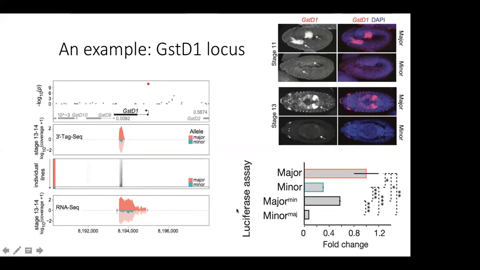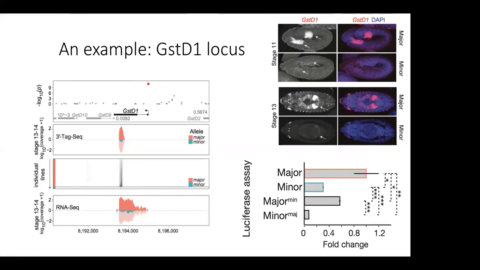On top of this, we confirmed it by in situ hybridization. We took 2 lines per genotype, 2 for the major and 2 for the minor, and we saw that in the major we had expression of GstD1 at stage 11 and 13, but in the minor allele lines we observed no signal or a very weak signal. This means that what we see in the RNA-Seq and the 3' Seq is actually real.